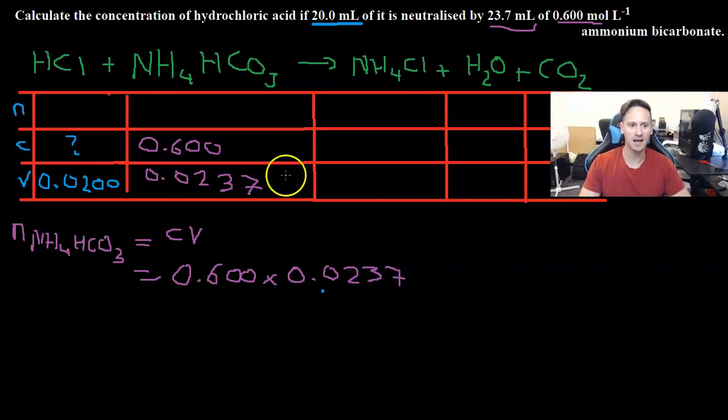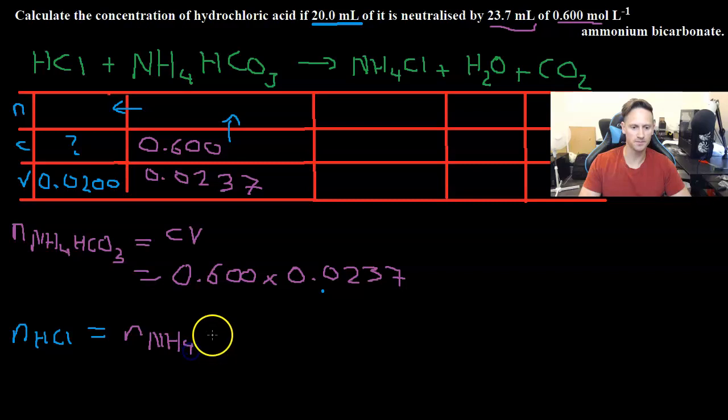Our next step is, so we've gone and calculated our number of moles, once we figure out what that is, to convert the number of moles of this known substance to our unknown substance, which is HCl. So in order to calculate the number of moles of hydrochloric acid, that's going to be the number of moles of ammonium bicarbonate multiplied by the mole ratio.